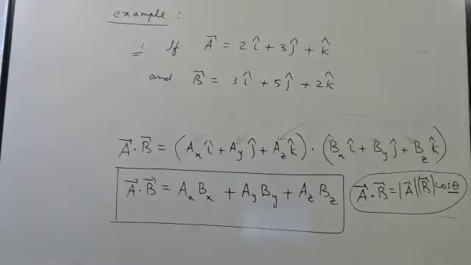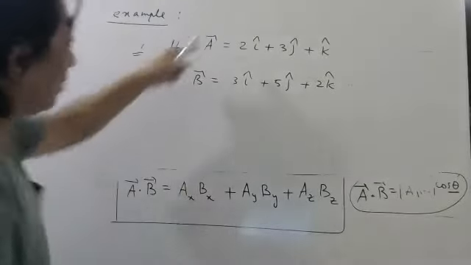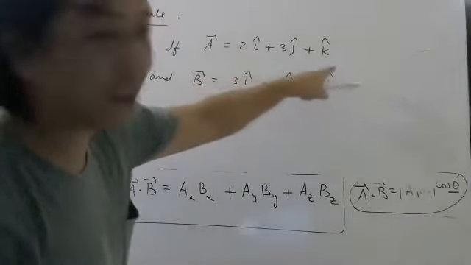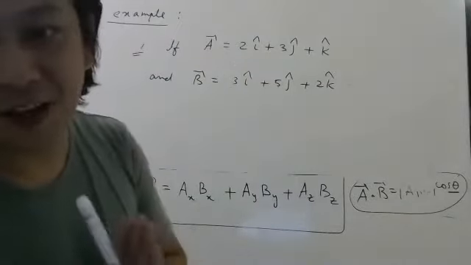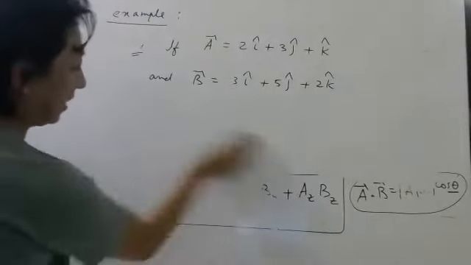So this time I have not given you magnitudes and angle. Is this called magnitude of the vector? This is vector only, in the form of components. So I have given you components, not magnitude of the vectors and angle.